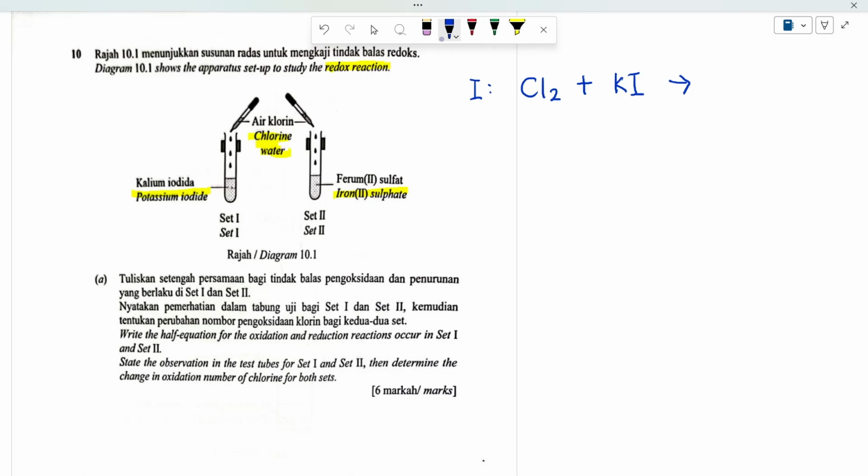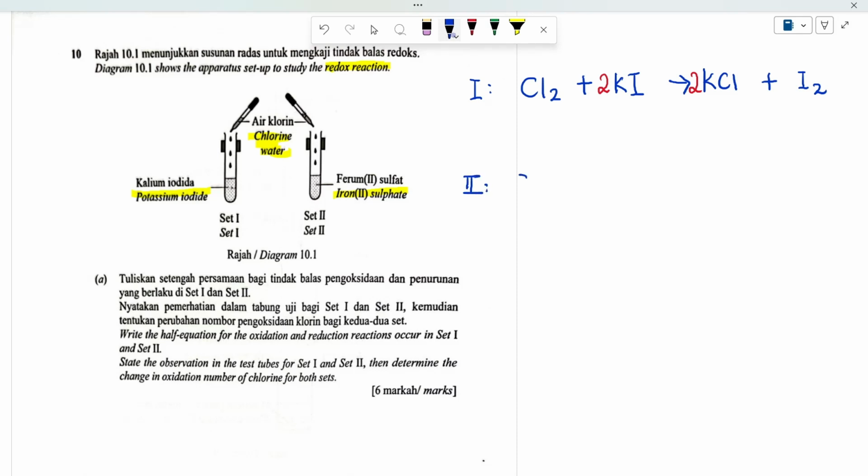The displacement of halogen. So what are the products? Potassium chloride. And what is being displaced? Iodine. Yes. It's not balanced, so we need to balance the equation. So this one is 2, this one times 2.